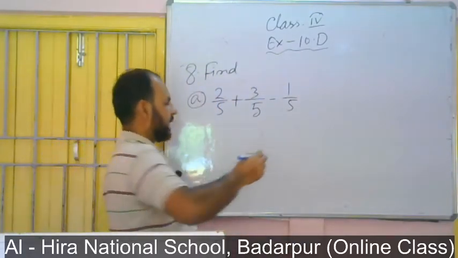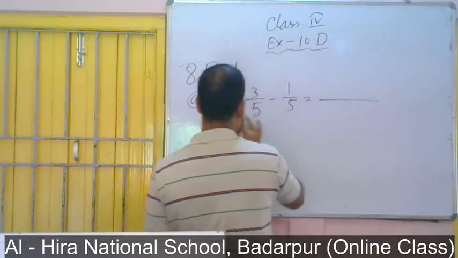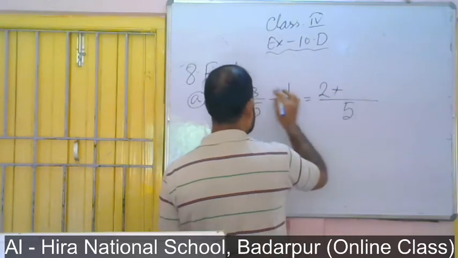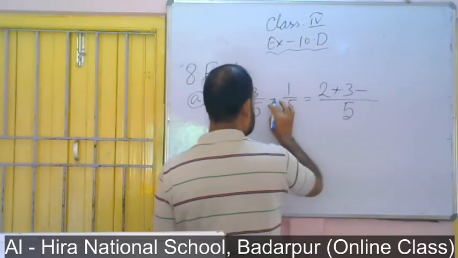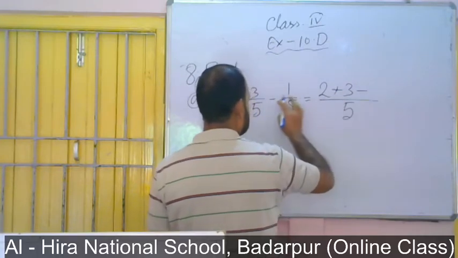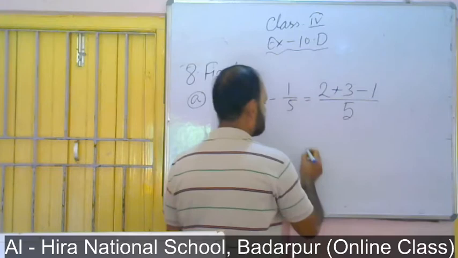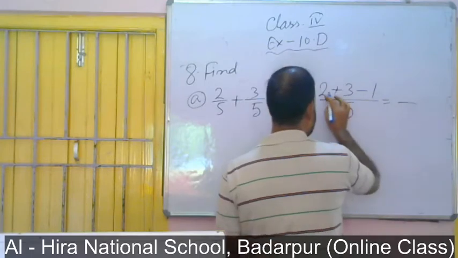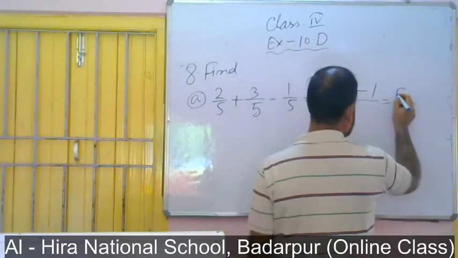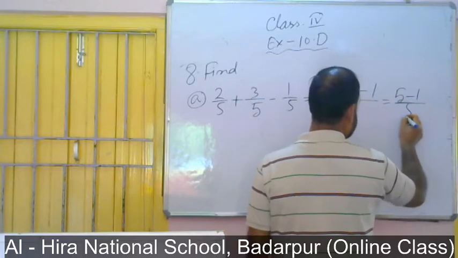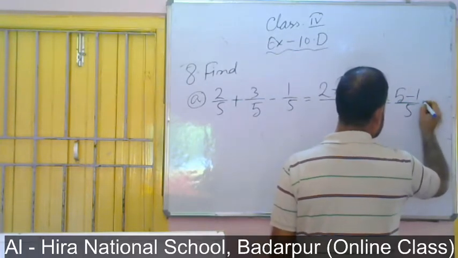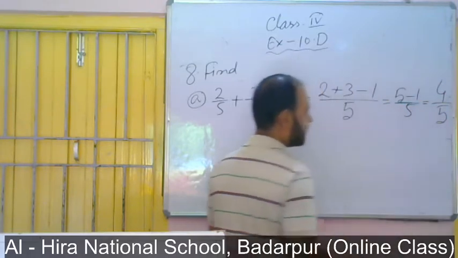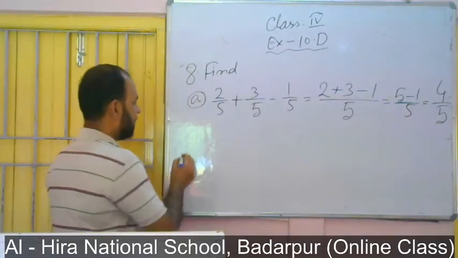The denominators are the same, 5, so we write 5, and here 2 plus 3, and since the sign is minus, we give minus 1. 2 plus 3 is 5, 5 minus 1 by 5. 5 minus 1 is 4 by 5. The answer is 4 by 5.